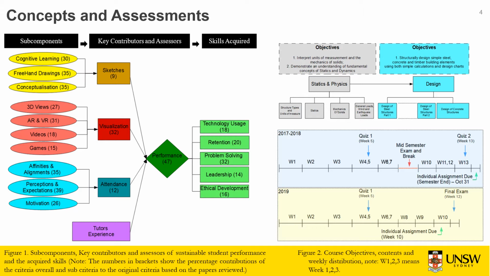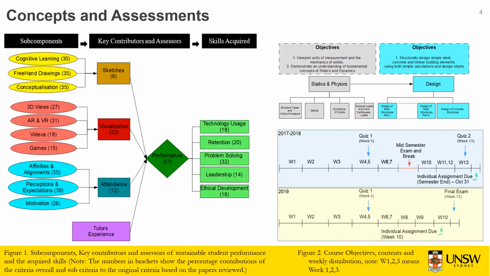So this is what we added to our case study to make it more novel and to add something to the body of knowledge. In terms of the sketches, the papers are focused on cognitive learning, freehand drawings, and conceptualization. The visualization related articles focused on 3D views, augmented and virtual realities, videos, and gaming in the class.